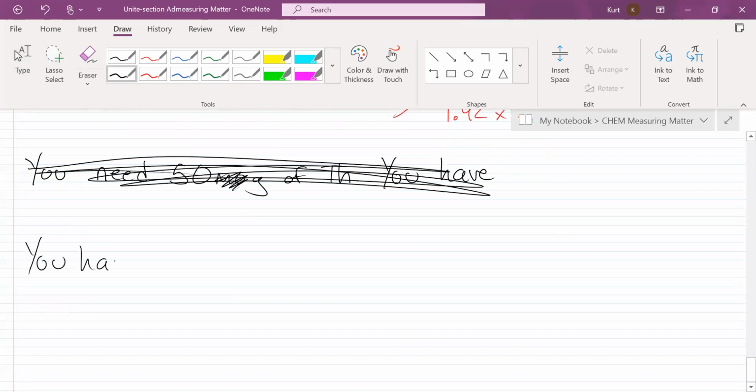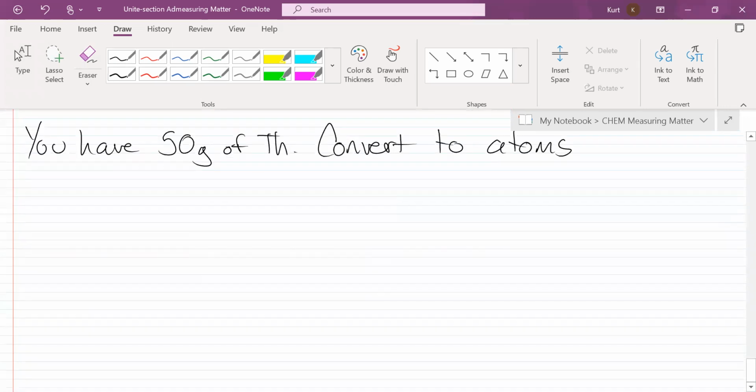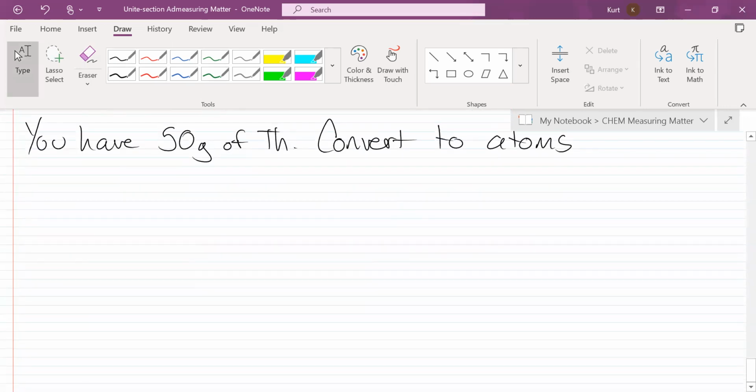You have 50 grams of thorium. Convert to atoms. There we go. Oh, I'm evil. Okay, now, have we done a conversion so far in the last two days that lets you go back and forth between mass and particles?